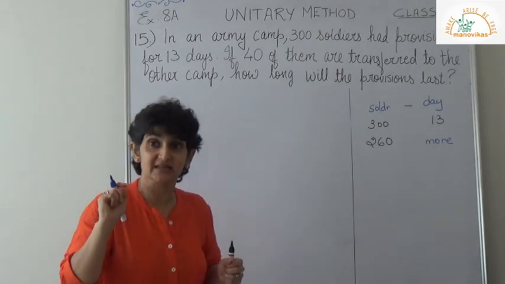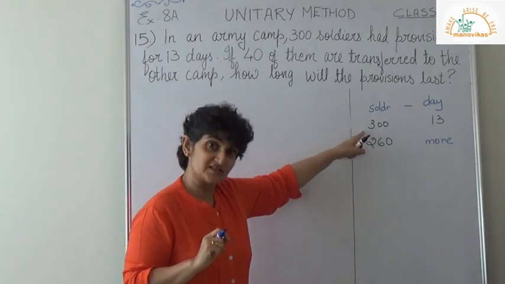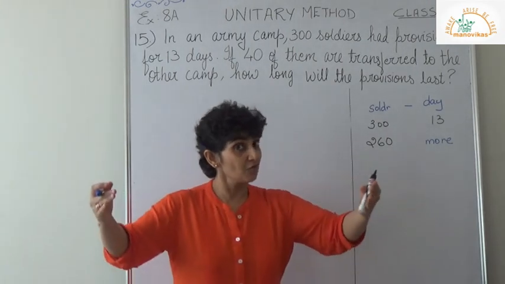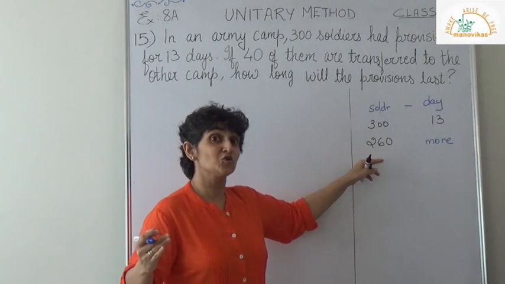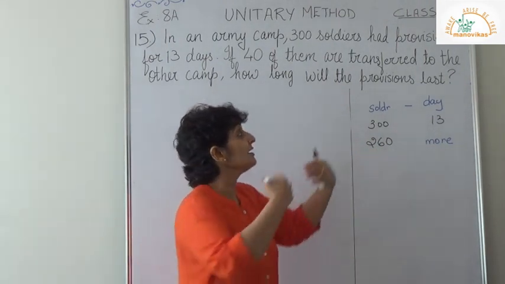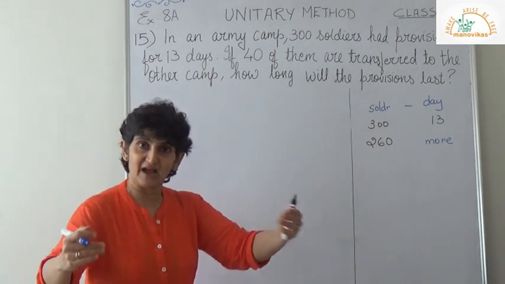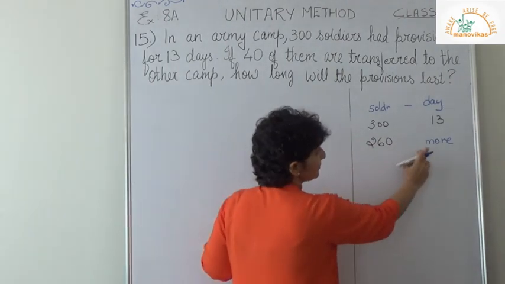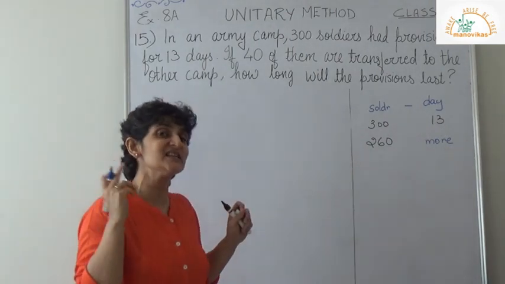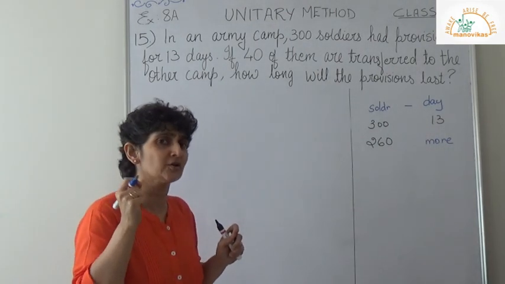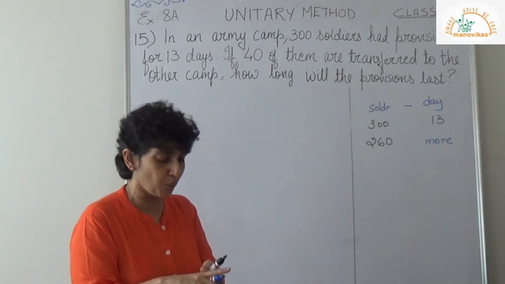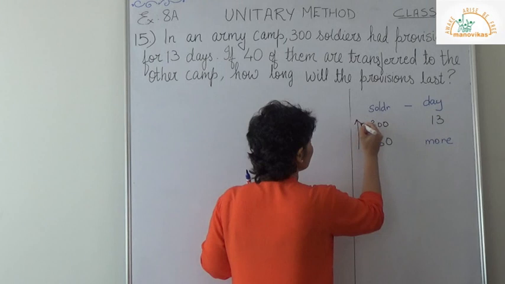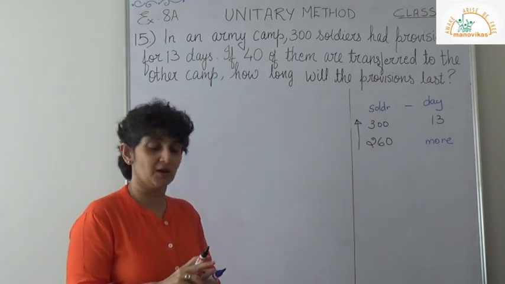Have you understood? Is it clear? 300 soldiers were there. Now, this much food is there for them for 13 days. Food is the same, but 260 soldiers only. So, they get more number of days to have that provision. So, if you see, the number is decreased, but the number of days has increased. So, this is again called inverse proportion. I told you when we say inverse, you put the arrow upward like this.